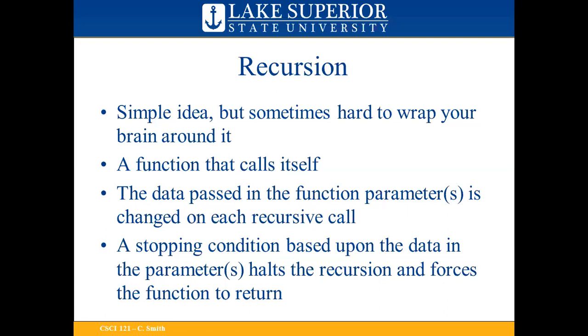And that changed data is passed to another call of the same function. And so what happens is you chain up these calls to functions. And then when you finally hit a stopping condition, a condition that says you're done, we've got the answer, then it halts the recursion and it forces the function to return. And then it returns and returns and returns all the way back to the calling person.